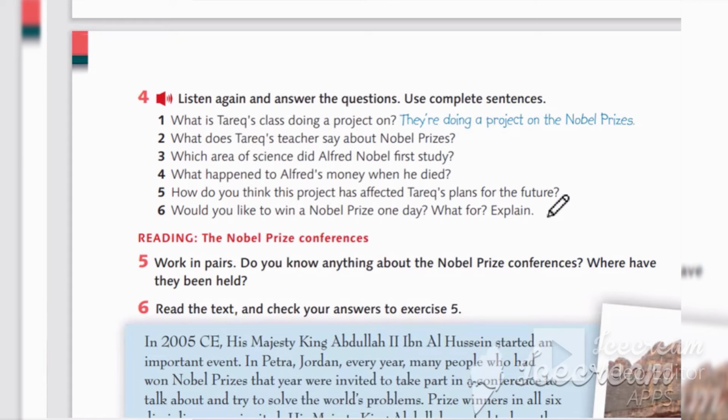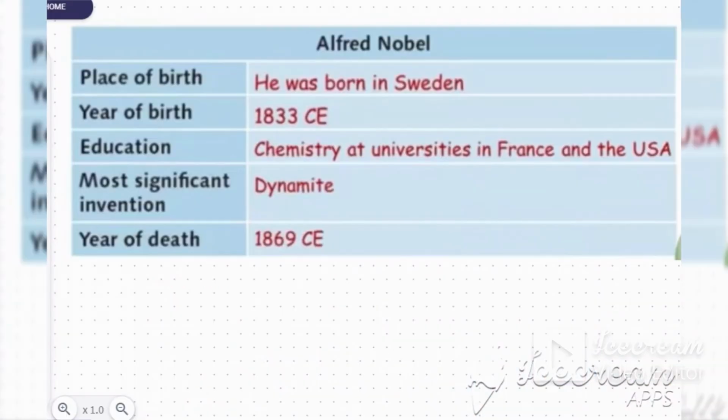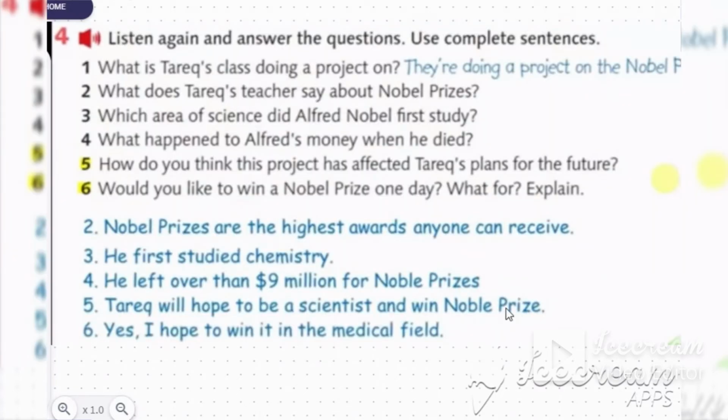Now I've answered these questions for you. 1. Nobel Prizes are the highest awards anyone can receive. 2. 3. He first studied chemistry. 4. He left over $9 million for Nobel Prizes. 5. How do you think Tariq?